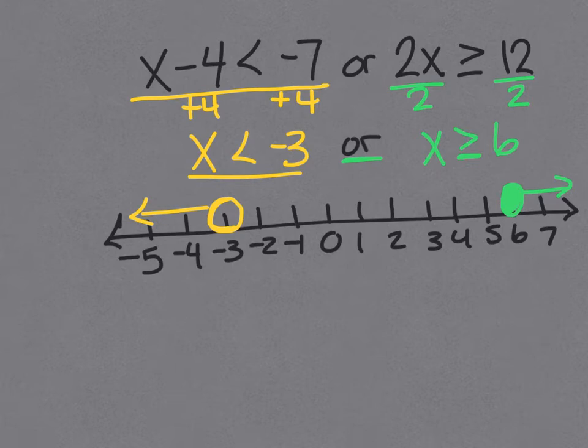All right, so let's look at interval notation. Now we've got two separate problems, and our solutions are going in opposite directions, so we're going to have two separate interval notations. The first one, x is less than negative 3. If you look at our number line, we've got the negative 3 on the right, and everything else is to the left.